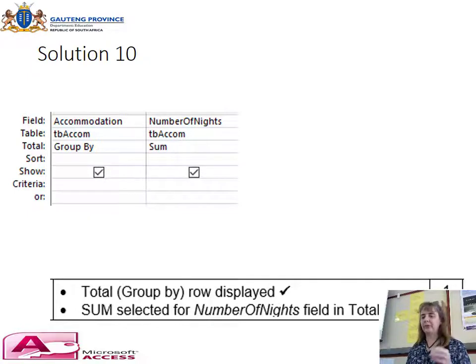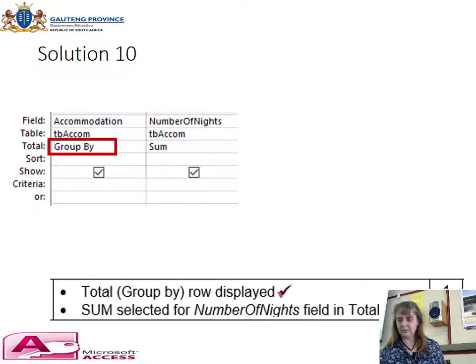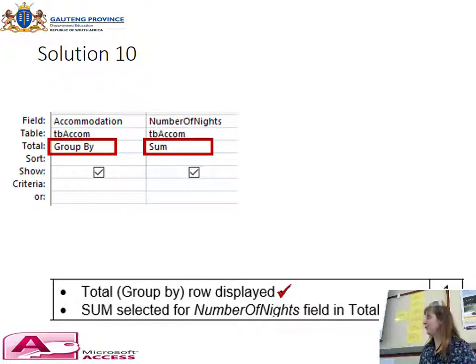So what happens is we group by the accommodations and we add up the number of nights. Okay, there we are. And there's the sum. This was the easy one. Okay, happy with that one? No question on this one. Okay.